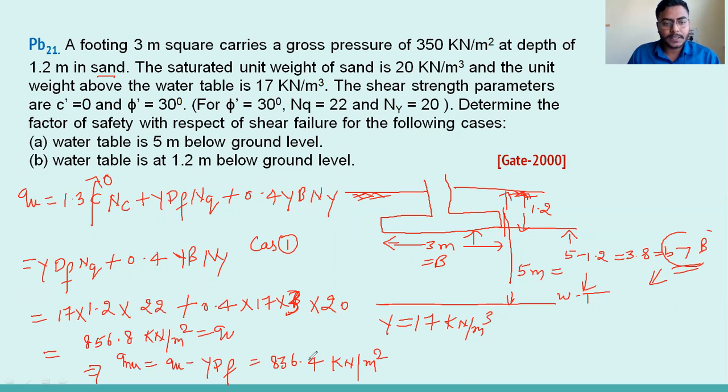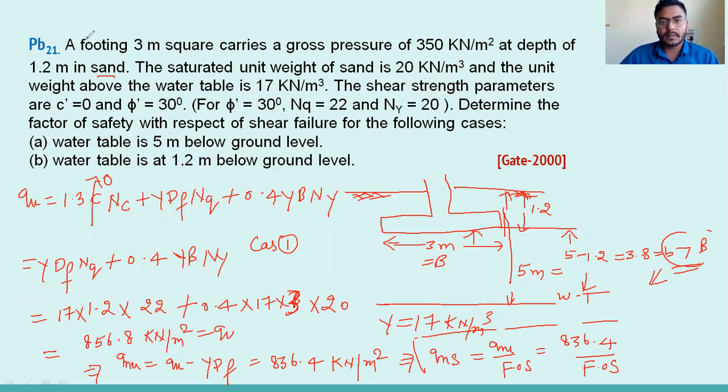We have to calculate QNS. So what will QNS be? QNS, we can write QNU divided by factor of safety, that is unknown. So 836.4 divided by factor of safety.